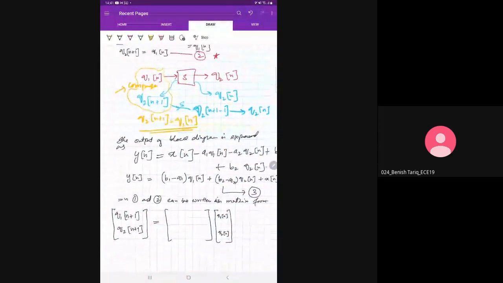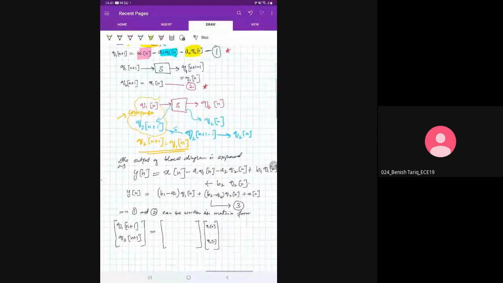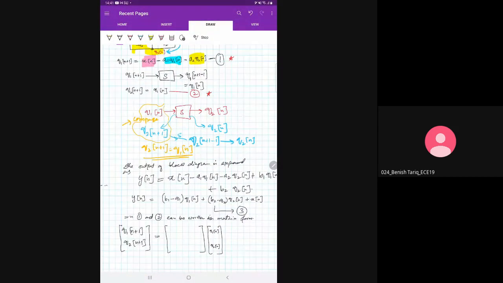This is separate vector. Okay, now see equation 1 में q1 और q2 की terms दोनों हैं. तो पहली टर्म जो है इट इज q1 में -a1 है मल्टीप्लाई, q2 में -a2 है मल्टीप्लाई. ओके, this is how we can write down equation 1. If you solve it, equation 1 ऊपर वाली है तो आपको q1 n plus 1 मिलेगा equal to -a1 into q1 n and -a2 q2 n.